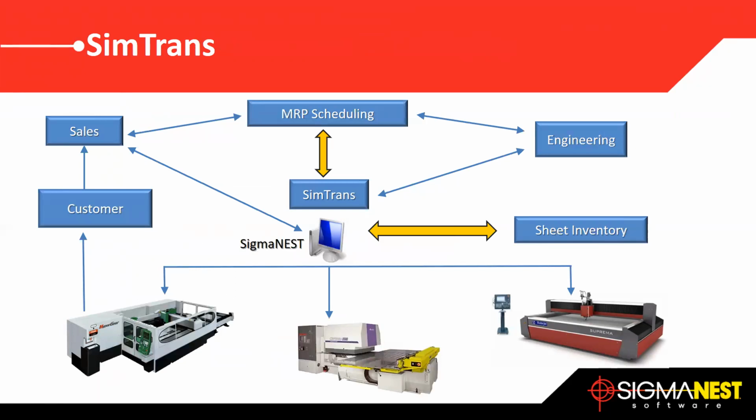In order to accomplish this, we like to position SigmaNEST right in the middle of the fabrication facility. We'll take input from sales, from the MRP, from engineering, from the sheet inventory, dump the resultant down onto the machines, running multiple machines at the same time, and feed the resultants back into the system and continue this loop.